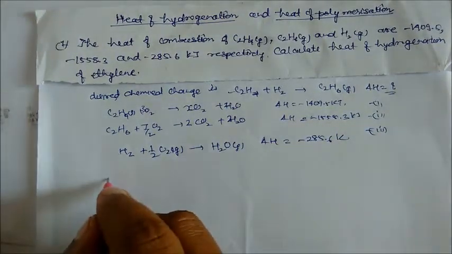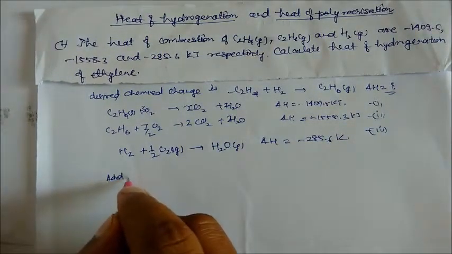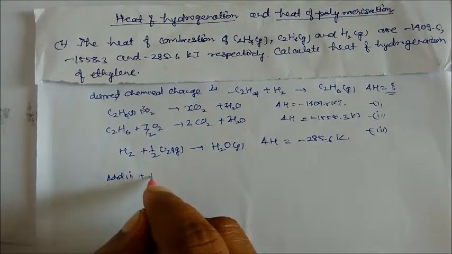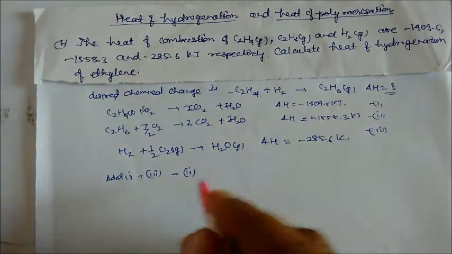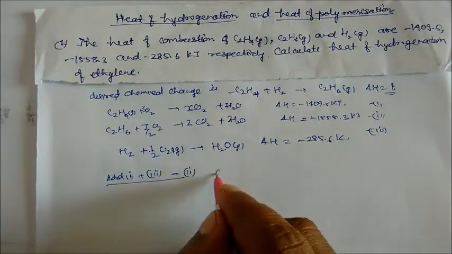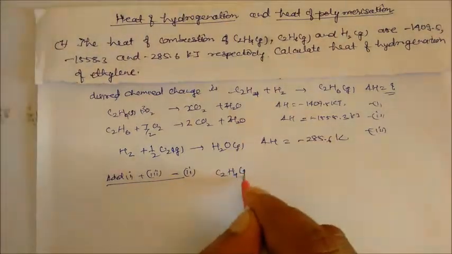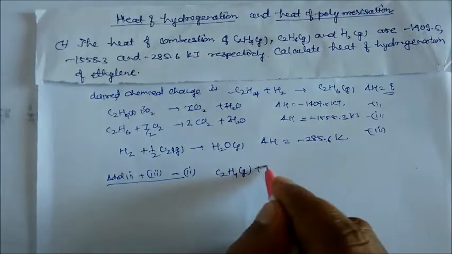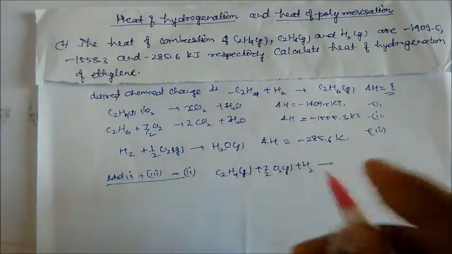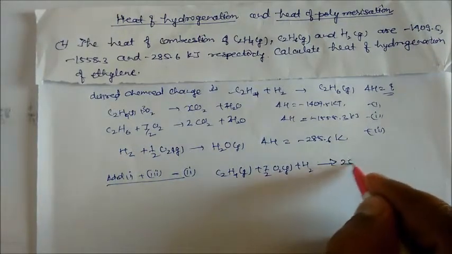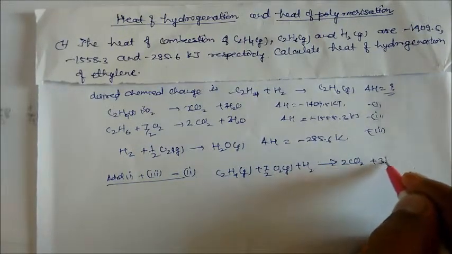What we have to do is add equation number 1 plus equation number 3 and subtract equation number 2. On doing this we will get C2H4 gas plus 7/2 oxygen gas plus hydrogen, and the product will be 2 CO2 plus 3 H2O.